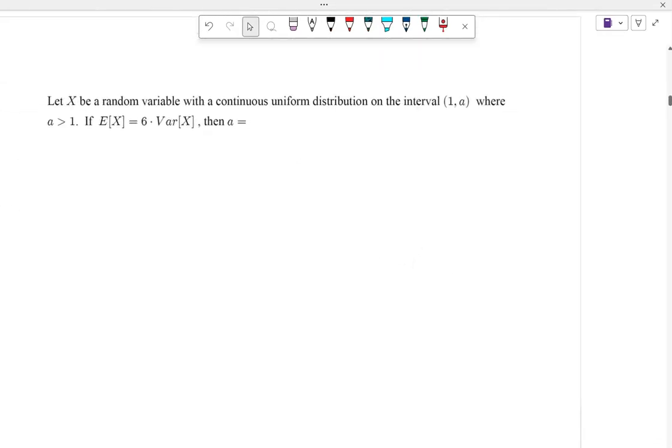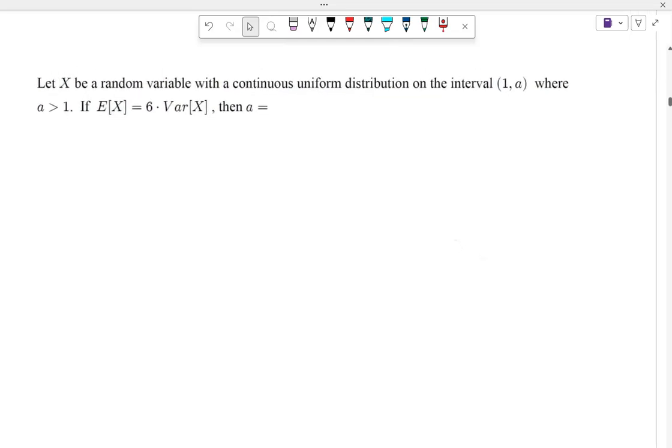So next one, same kind of concept here. They're asking you to remember the various formulas for a uniform distribution. So if it's uniform on the interval from 1 to a, what's the expected value going to be?